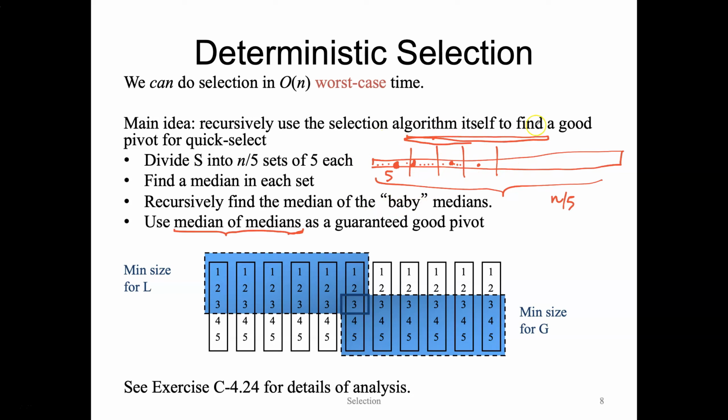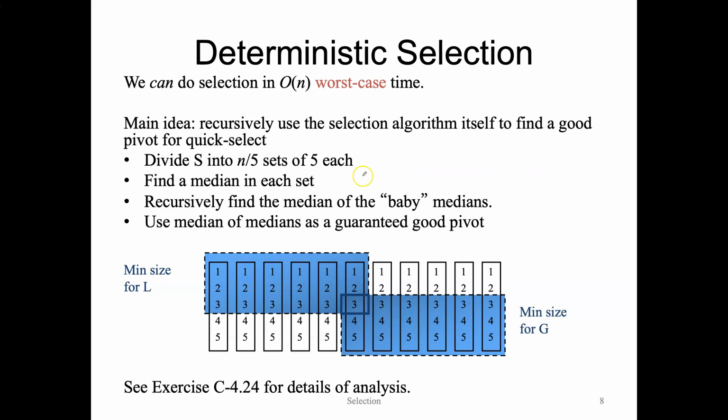So we again divide it into smaller lists, each of size 5, find the medians of them, take a list of only those medians, and then recur again. So we're recursively finding the median of these medians of small lists, these baby medians. And we can guarantee that the median that we're left with, the median of medians, is a good pivot.